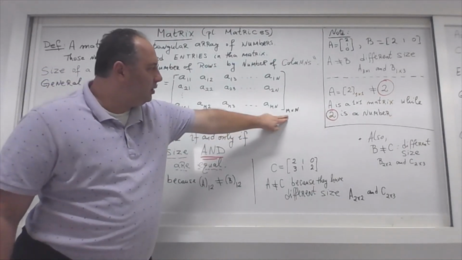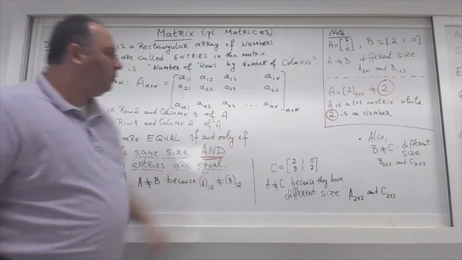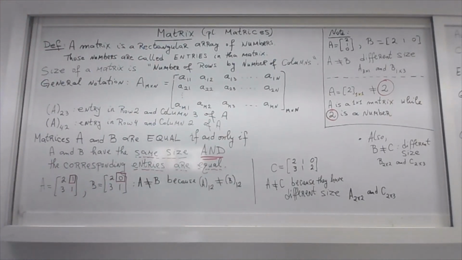I specify here the size m by n, so m rows, n columns. We don't need to do it all the time. At the beginning it will be useful, later on we are going to get used to it. Another notation that is important is how we find an entry of a matrix. This notation says matrix A, entry 2, 3.